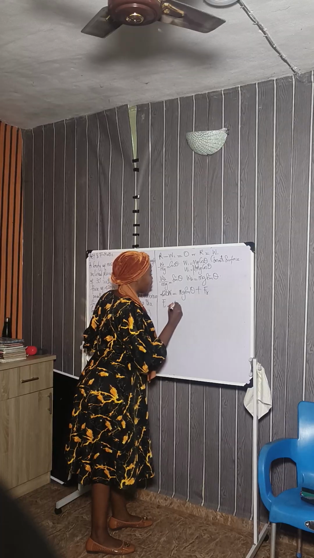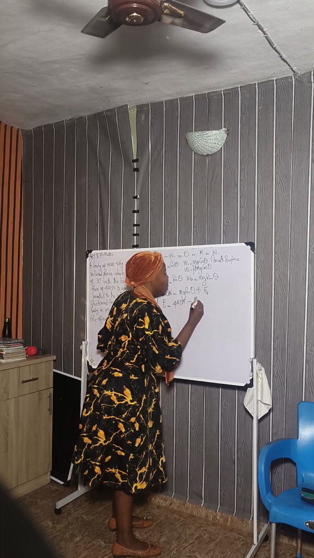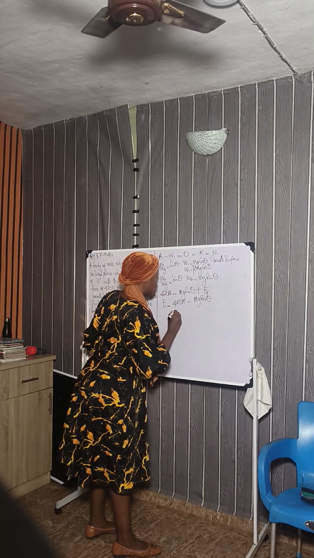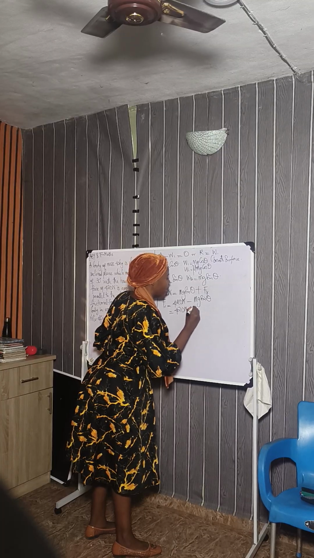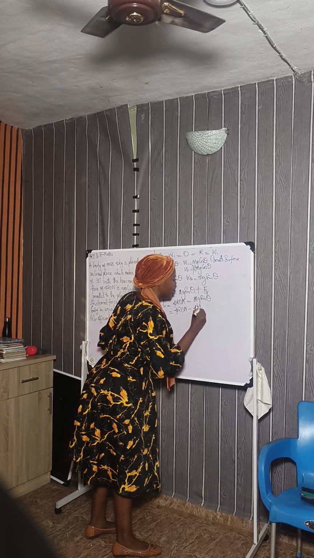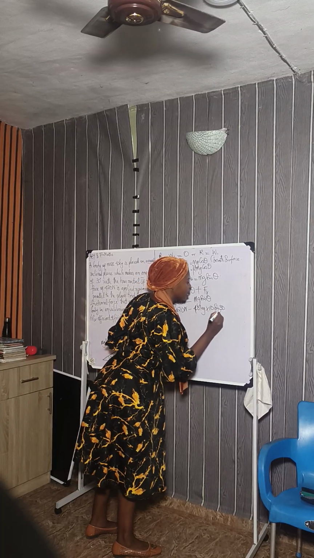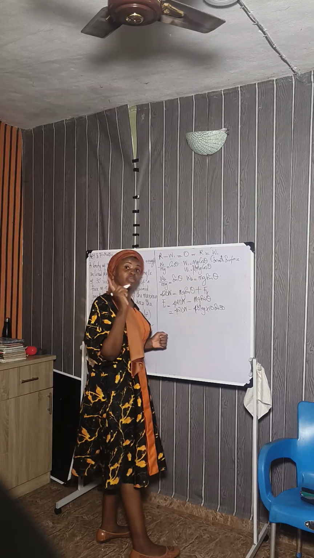So with this, we can now confidently make F, the frictional force, the subject of the formula. It becomes 420 Newton minus mg sine theta, which is 420 Newton minus 40 kg times 10 times sine 30, which is 0.5.